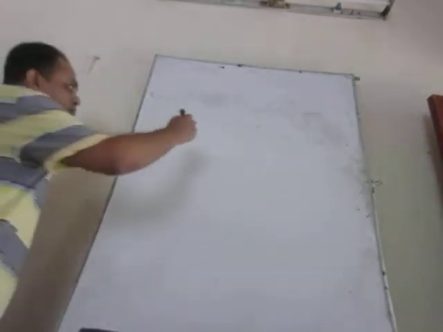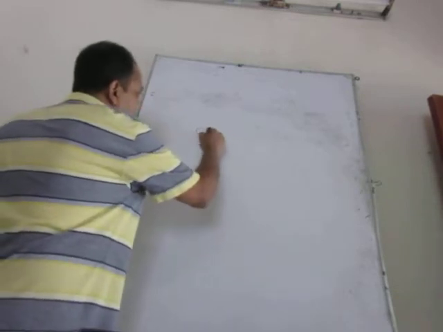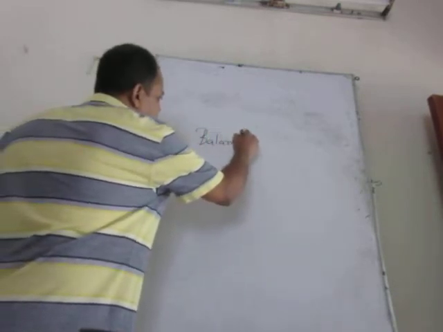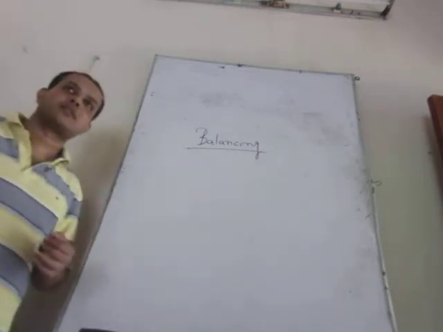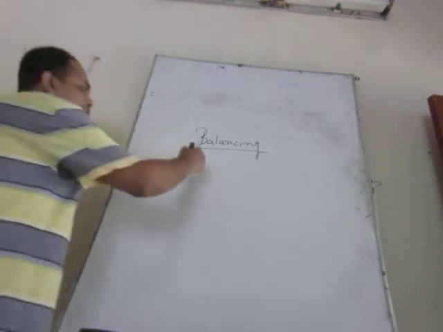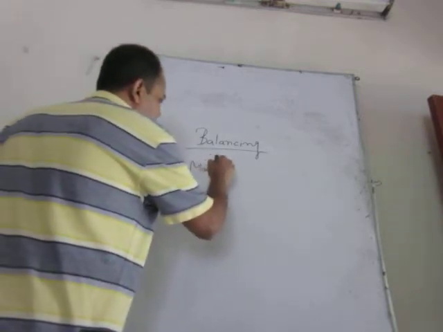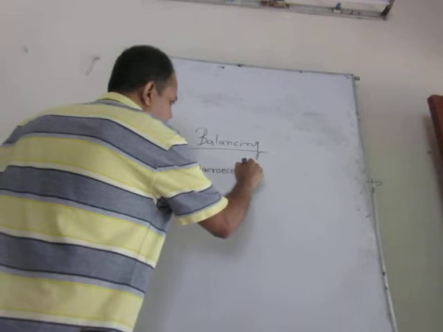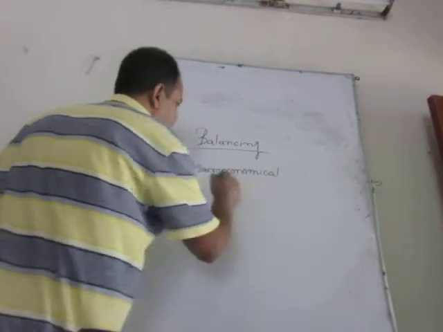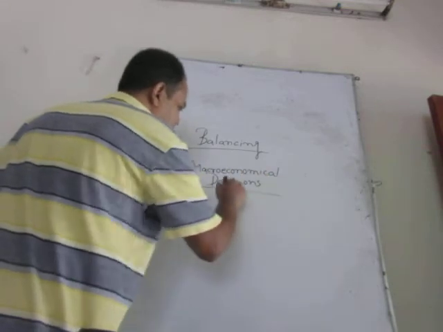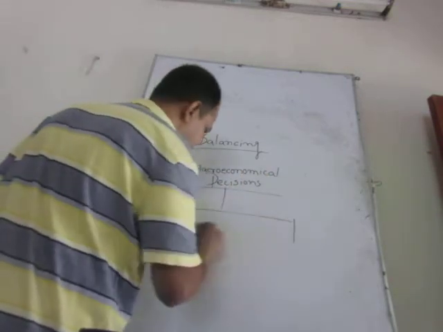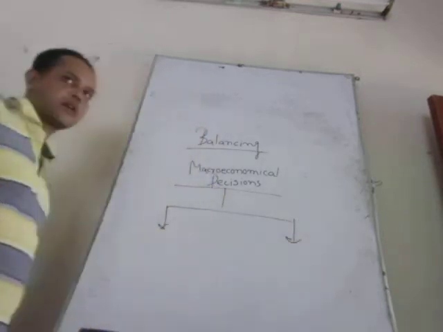So now the thing is balancing. Balancing is the ultimate objective of the government. Now, how can the government go for this? That is macroeconomic decisions. These macroeconomic decisions are taken in two different parts.